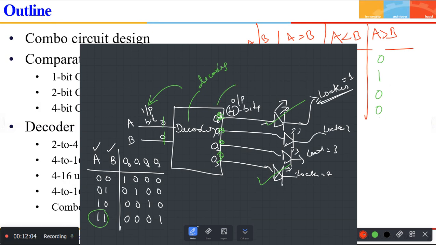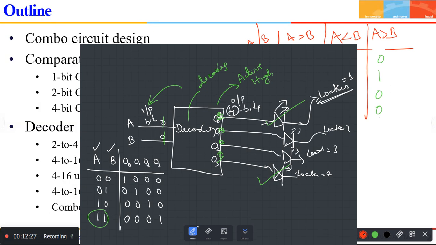Listen carefully to this jargon, active high outputs. Why is it called active high outputs? Because the input combination will make that particular line output become 1, and the other lines will become 0. This is called active high.